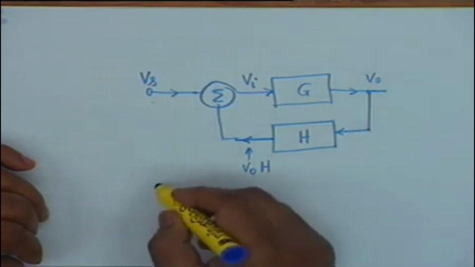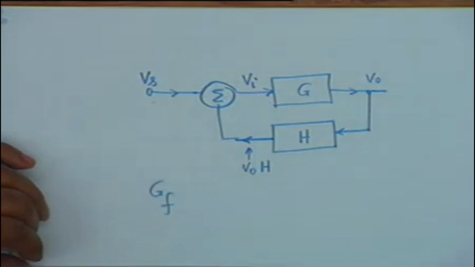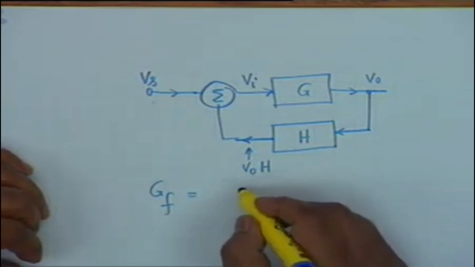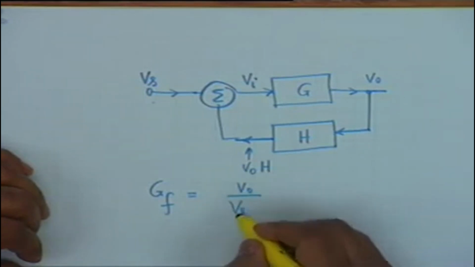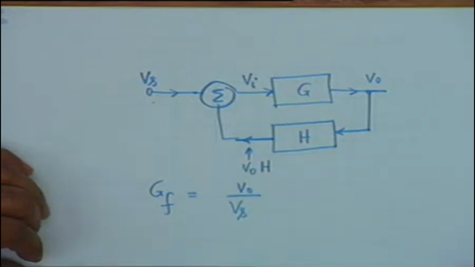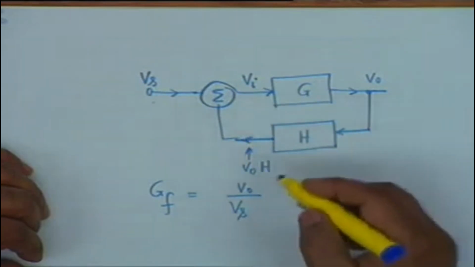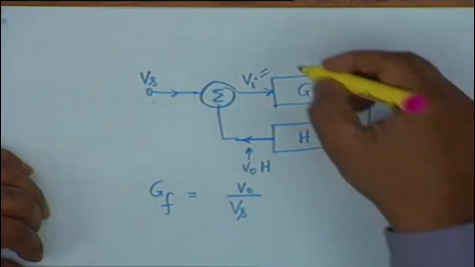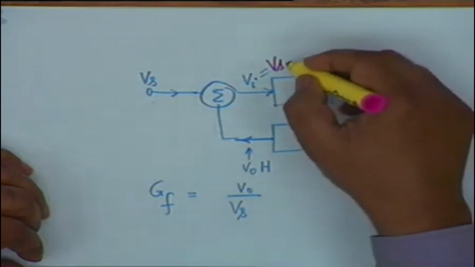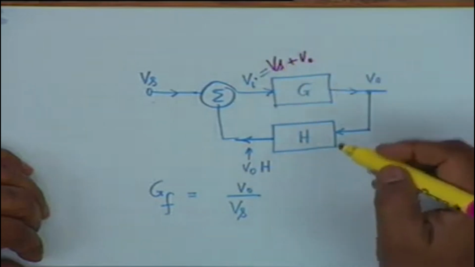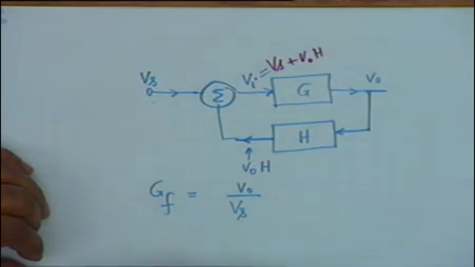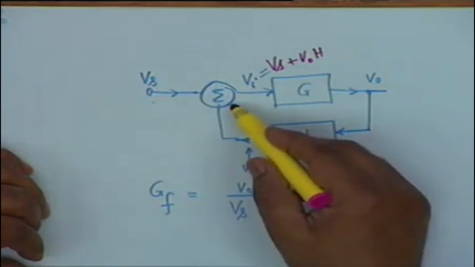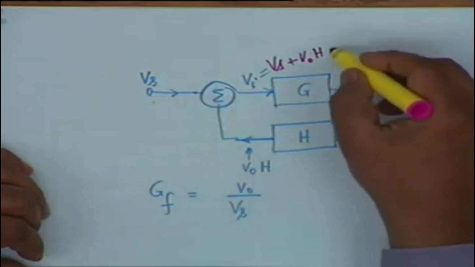It is very easy to calculate what the gain is under the condition of feedback. Under the condition of feedback, we represent the gain by Gf, and Gf will be simply V0 divided by Vs. As you can see, Vi is equal to Vs plus V0H, and Vi times G is V0.